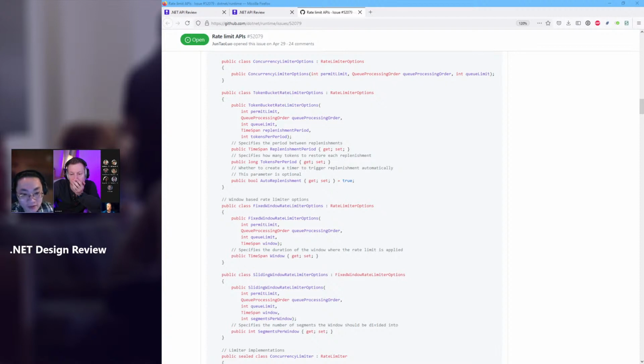So this is when does replenishment get called on the token bucket limiter. And the other, which should be an int, tokens per period, is how many tokens get replenished when replenishment happens. And essentially, those two values, replenishment period and tokens per period, define your rate in this case.